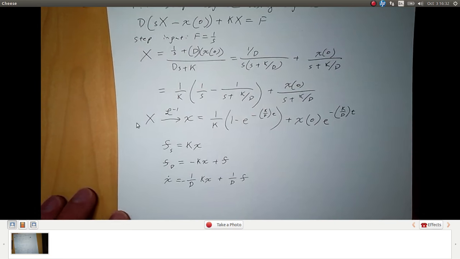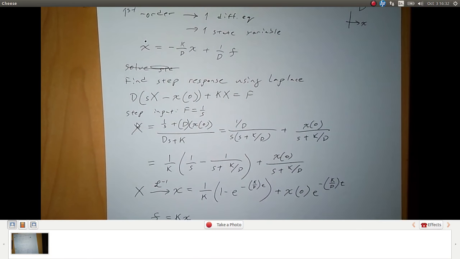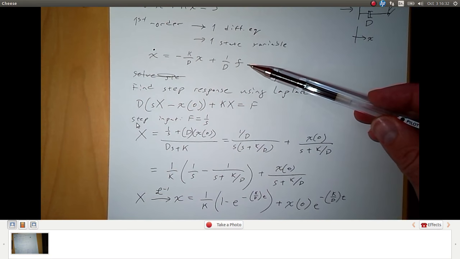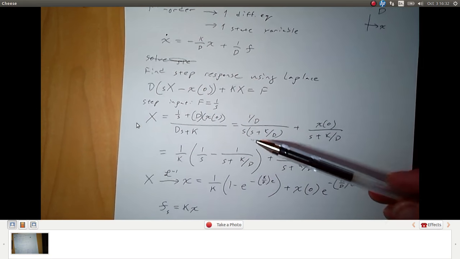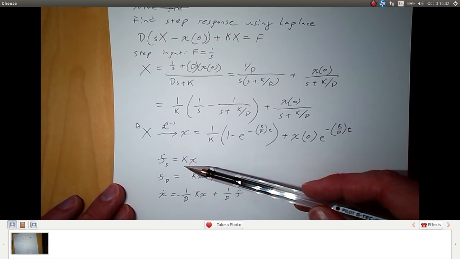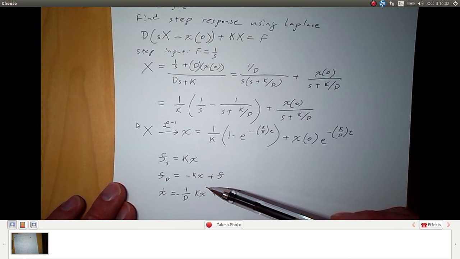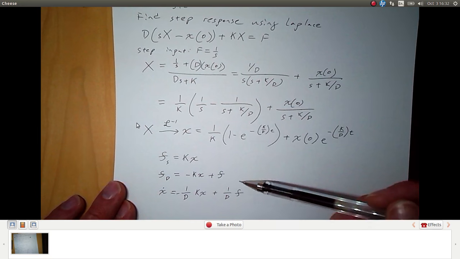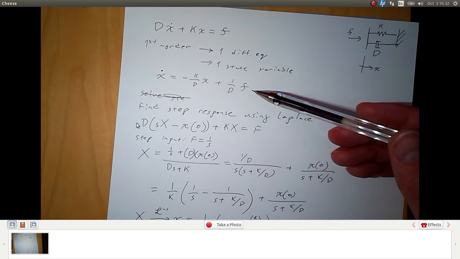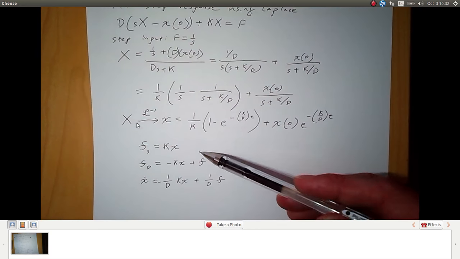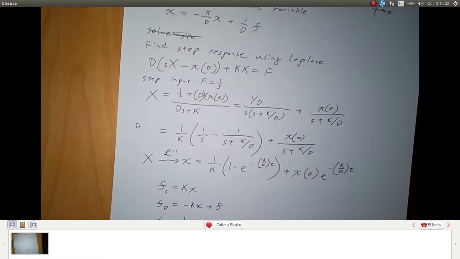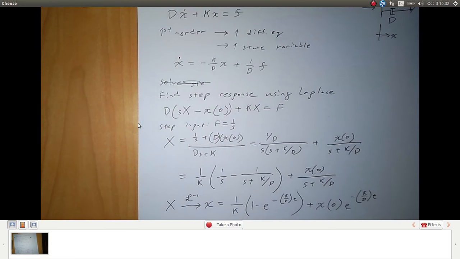And this is the state space representation. We have a first order differential equation for our state variable, and then we have output variables or other system variables as linear combinations of the state variable and the input. So we have our state equation and some output equations, and that makes up the state space representation for this first order system.